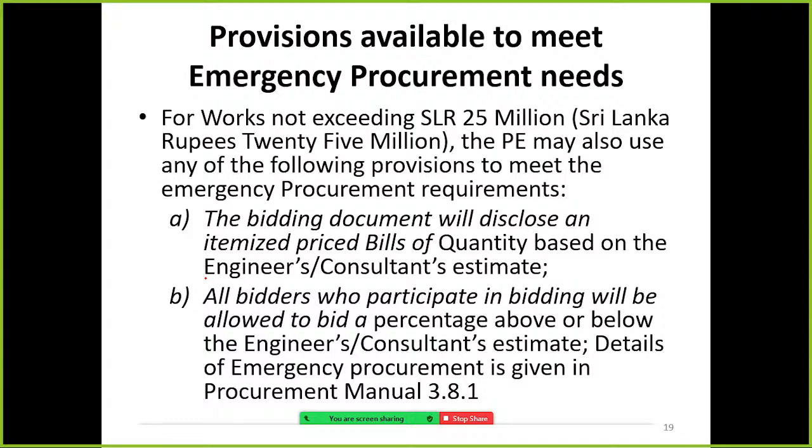The bidding document will disclose an itemized priced bill of quantity based on the engineer's or consultant's estimate. All bidders who participate in bidding will be allowed to bid a percentage above or below the engineer's or consultant's estimate. Details of emergency procurement are given in the procurement manual. For works, meaning the construction of buildings or bridges, they need some sort of draft cost and draft prices.